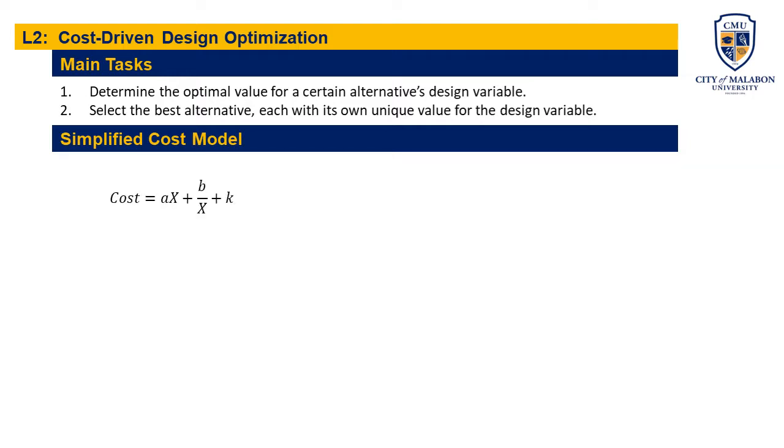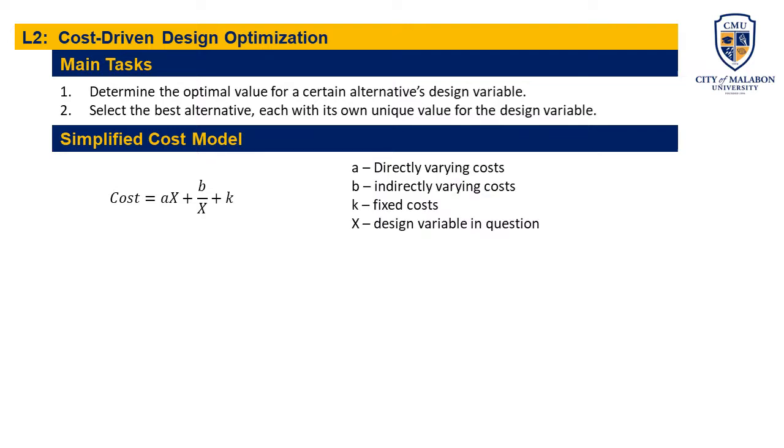the cost models developed in these particular problems consist of three types of cost. We have discussed cost terminologies in the previous lessons. So we have number one, fixed costs. Second, costs that vary directly with the design variable. And third, costs that vary indirectly with the design variable.